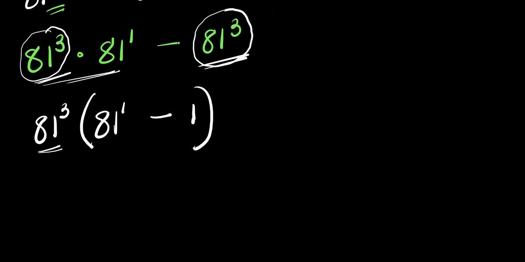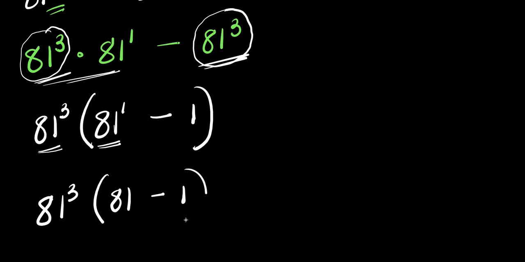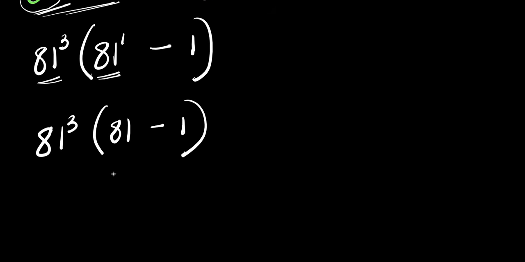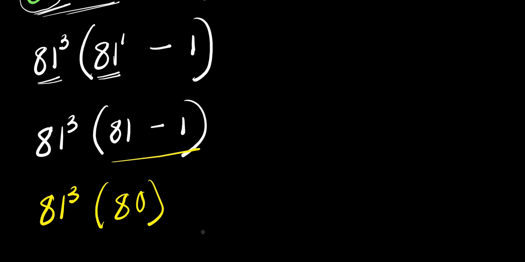So from here, what you are going to have is 81 to the power of 3 times 81 minus 1. We need to evaluate this 81 minus 1, that is 80. We have 81 to the power of 3 times 80.